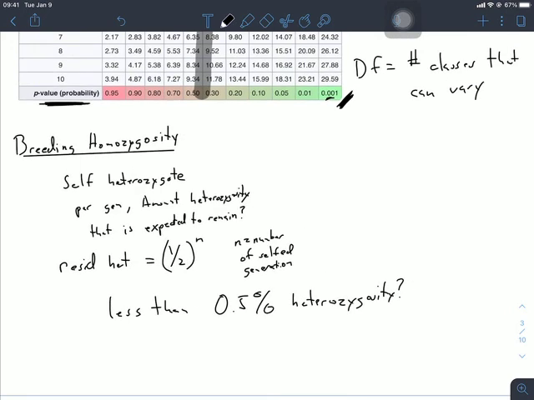So at what point does this value drop below 0.005? Take a moment here to solve this.